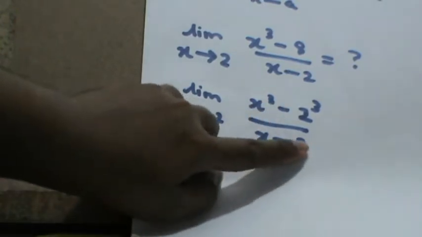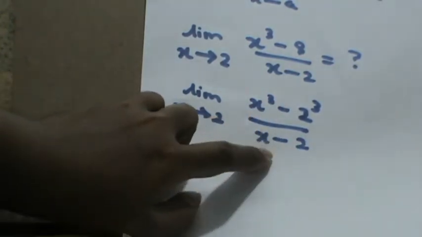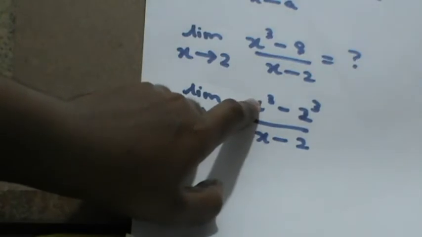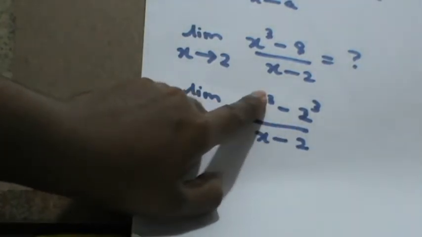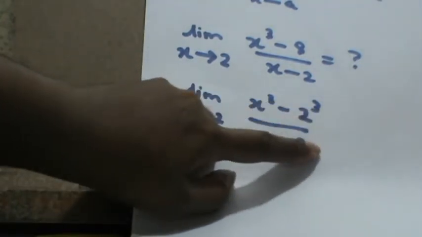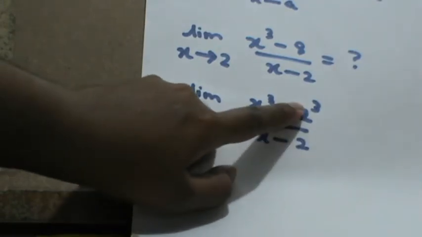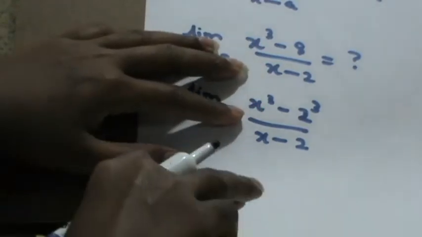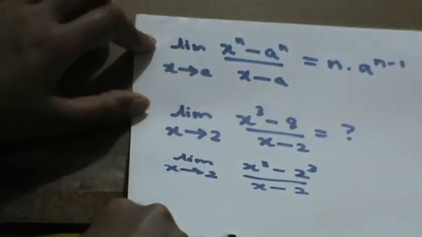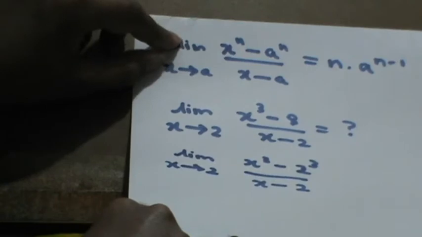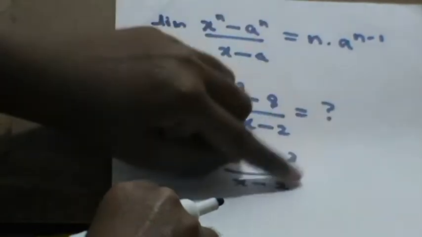Here is 2, and we have 2 here, and if this is x to some power, we have the power of 3, and if this is 2, it should be to the same power. So we have the general format that is expected on the left part of this theorem, and we can directly substitute the values of n and a to find the solution.